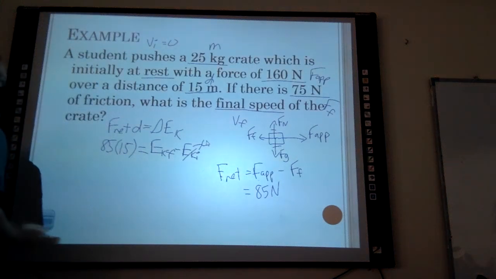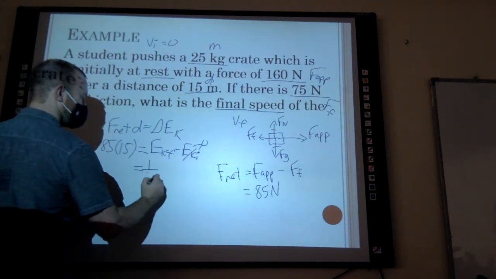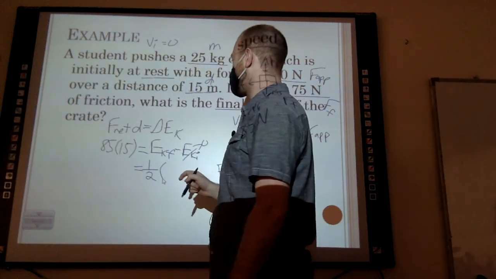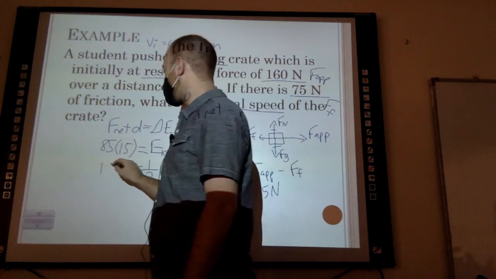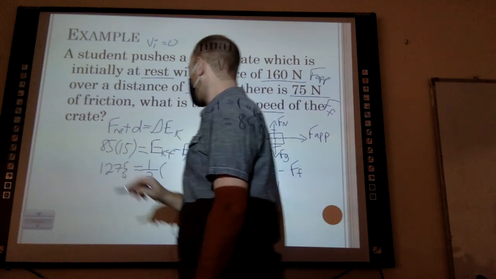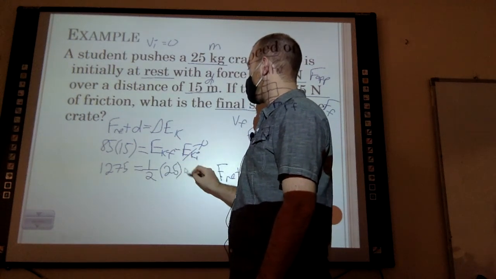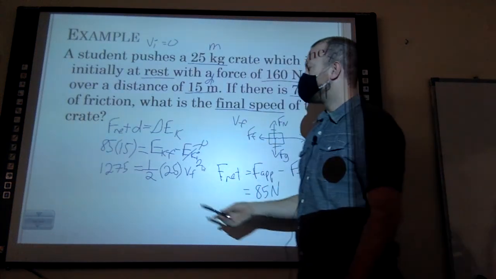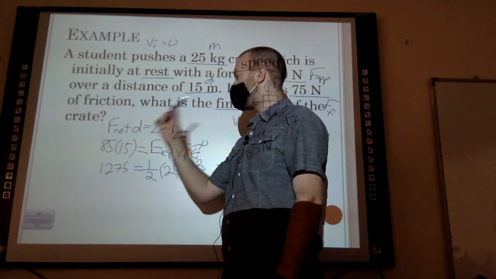Thank goodness. Let's just do that. Someone calculate 85 times 15 for me, please. Half times the mass times VF squared. Notice I'm dealing with VF. So take this, times it by 2, divide by 25.